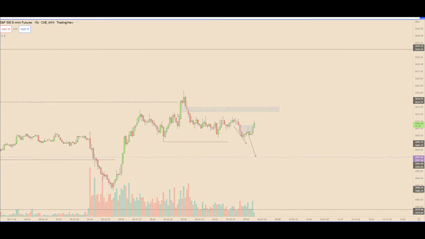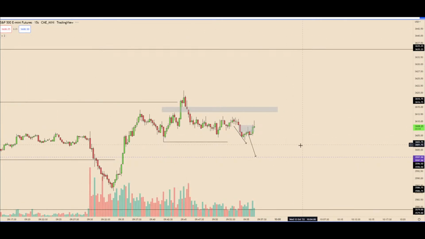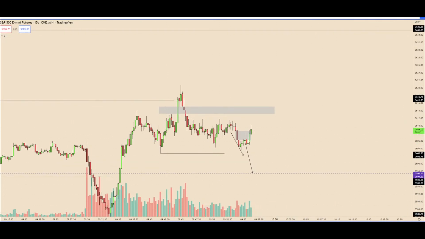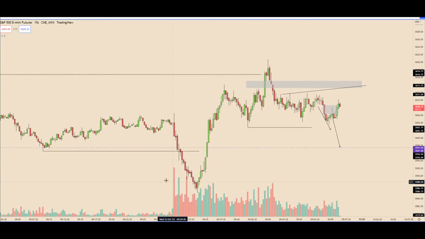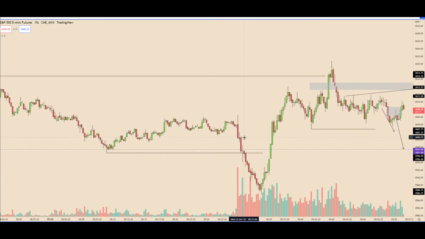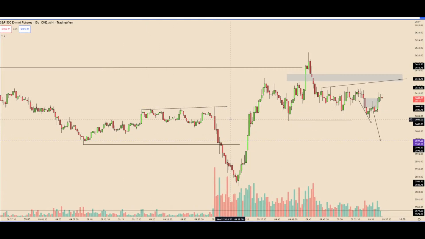If we go to a 30-second, there's our BPR. And so making our little broadening formation before the drop is kind of the same idea as our open, where we ran those highs before dropping. See the similar idea here?